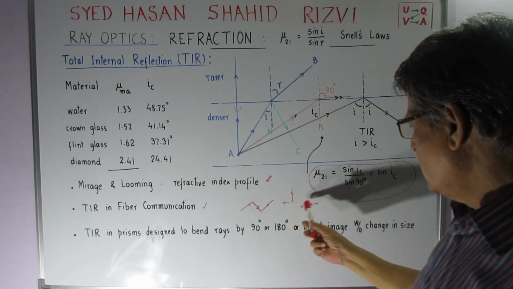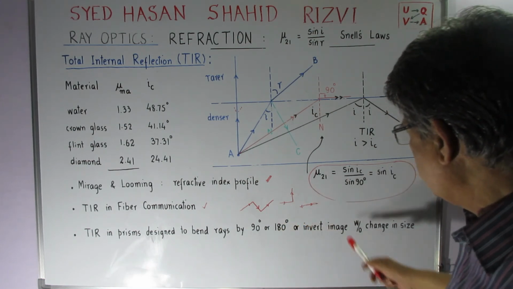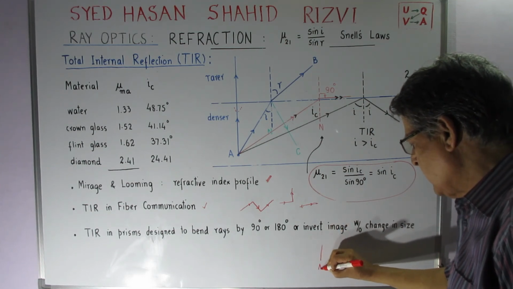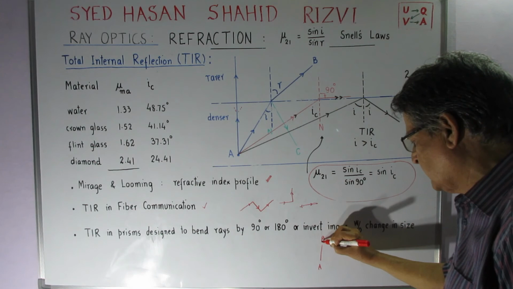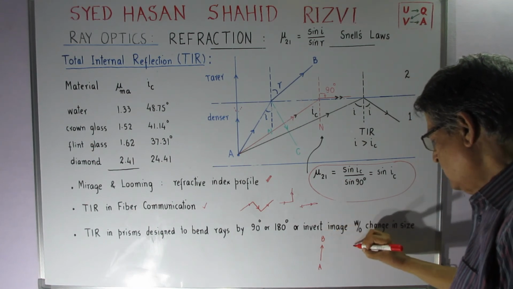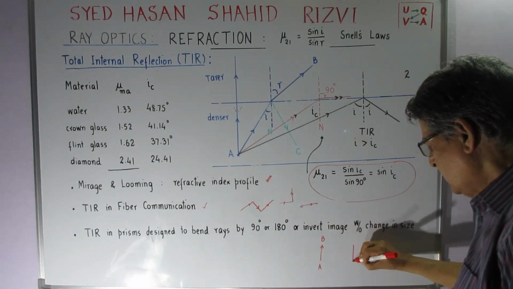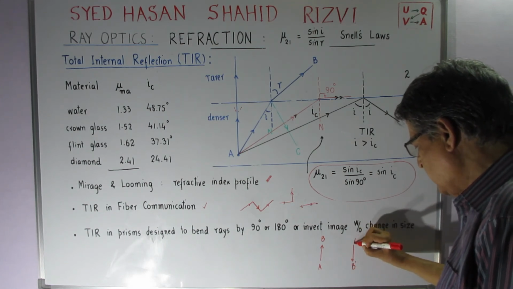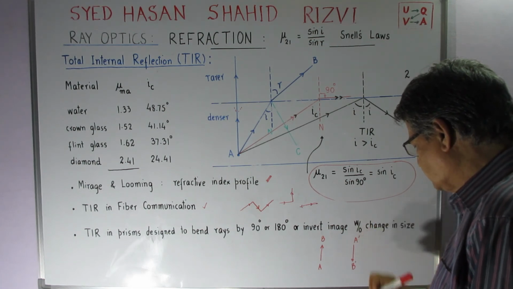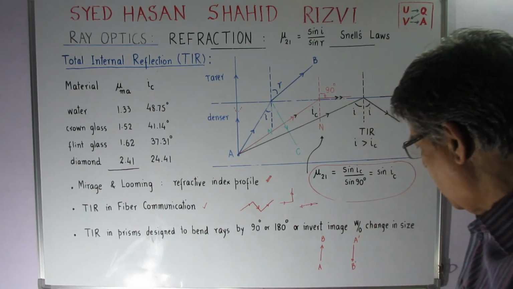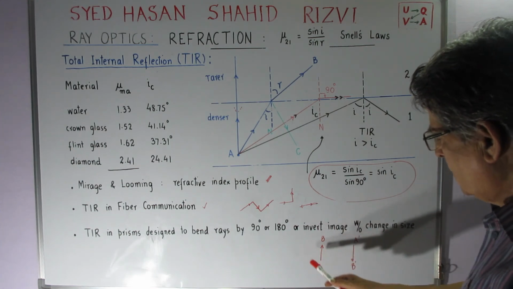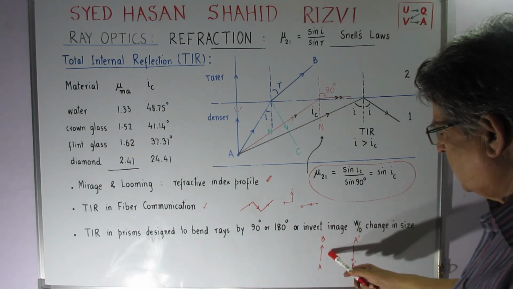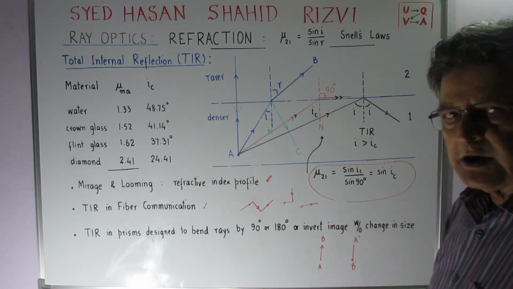The same logic can be extended to invert an image. For example, if the object is like this, you can find the inverted image B dash, A dash, and the size is the same. Also, there is no loss in the information contained in the original object that we obtain in the image.